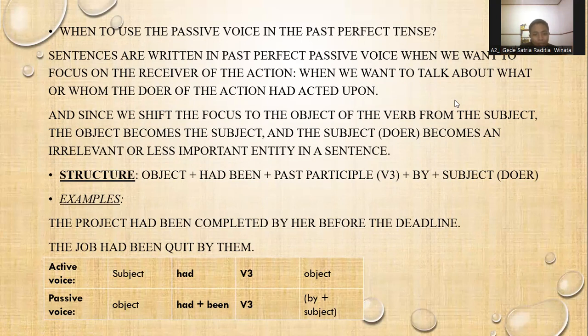Structure: object plus had been plus past participle plus by plus subject. Example: The project had been completed by her before the deadline. The job had been quit by them. Active voice: subject plus had plus verb three. Passive voice: object plus had been plus verb three plus by plus subject.